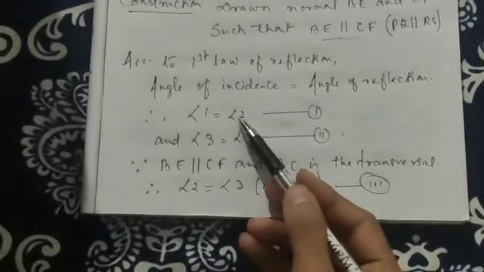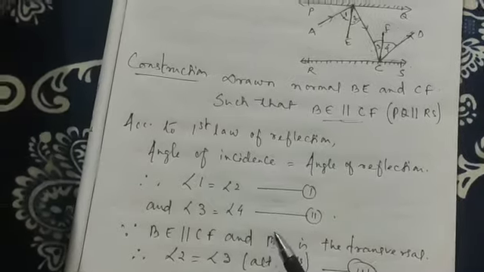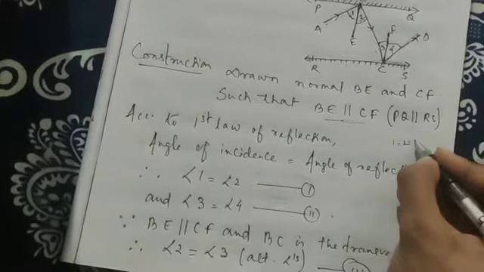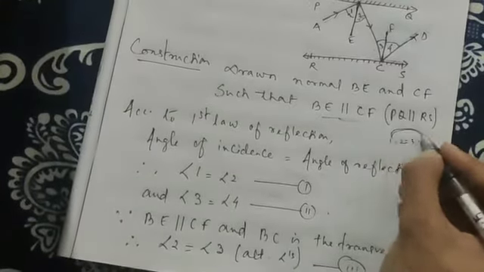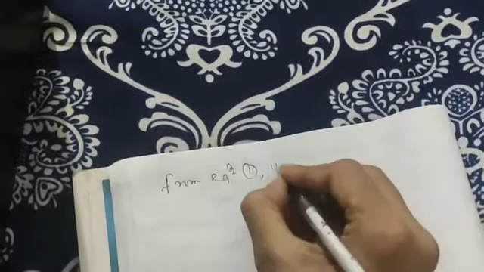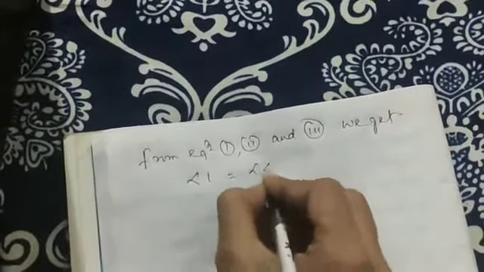So, on the next page, let me write down: from equations 1, 2 and 3, we get angle 1 is equal to angle 4. Let us give this as equation number 4.